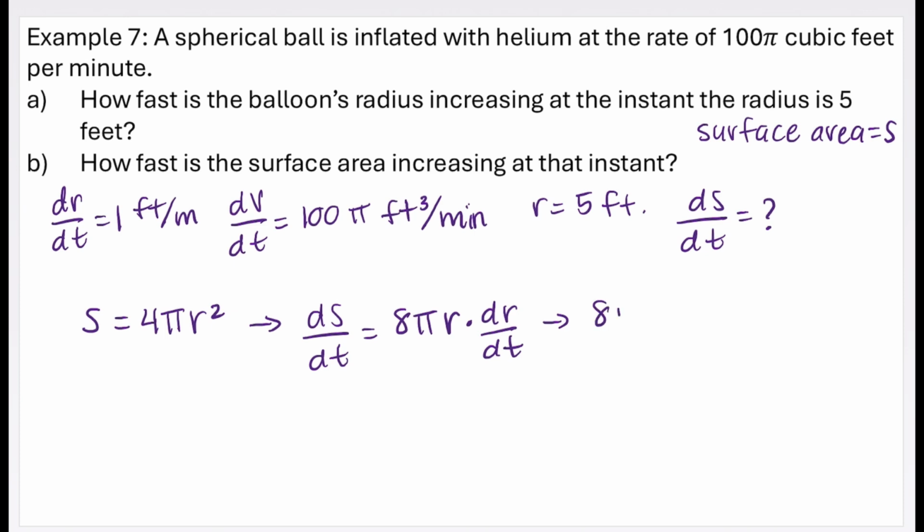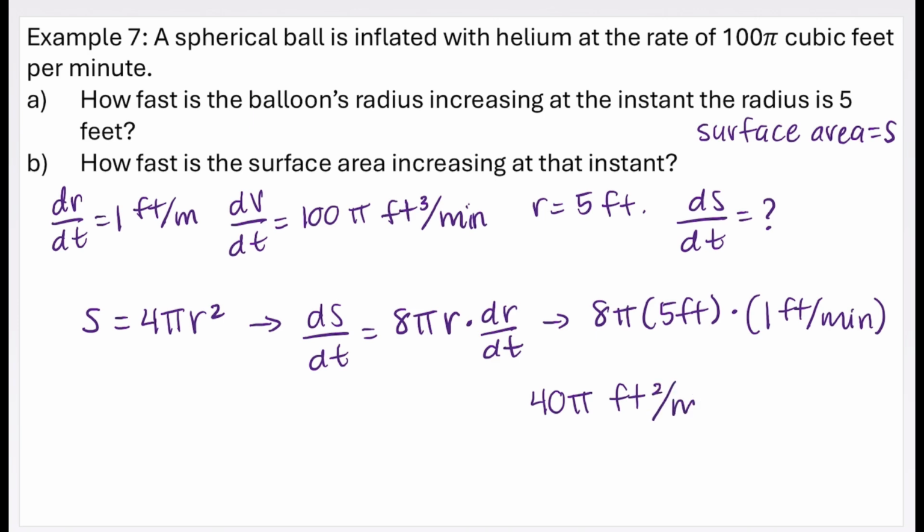So I'll have 8 pi times 5 feet times 1 foot per minute. So my final change in surface area is going to be 8 times 5 is 40. So it'll be 40 pi feet squared per minute. That'll be how fast the surface area is changing at that particular moment.